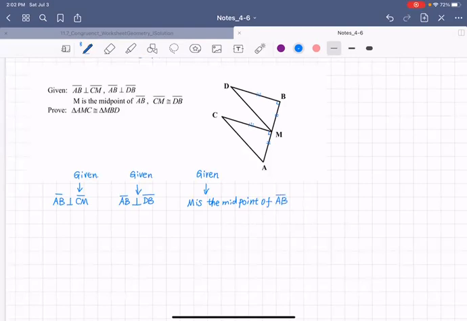Okay. And then, wait. Definition of midpoint: AM is congruent to MB. Okay. Next.